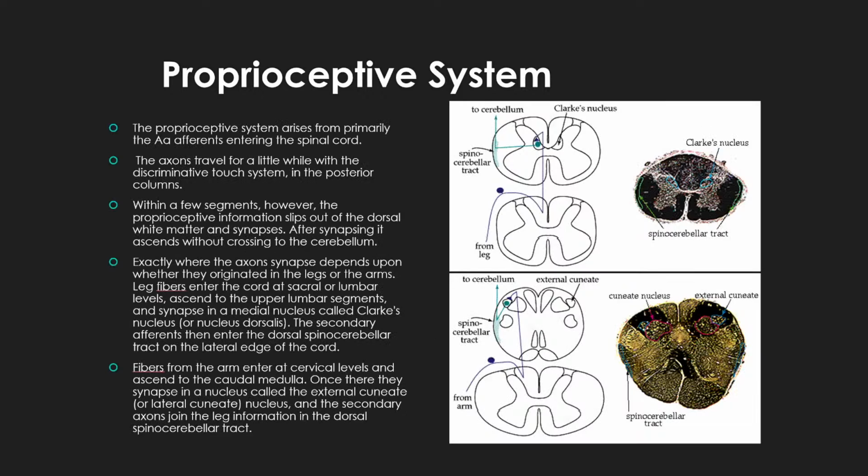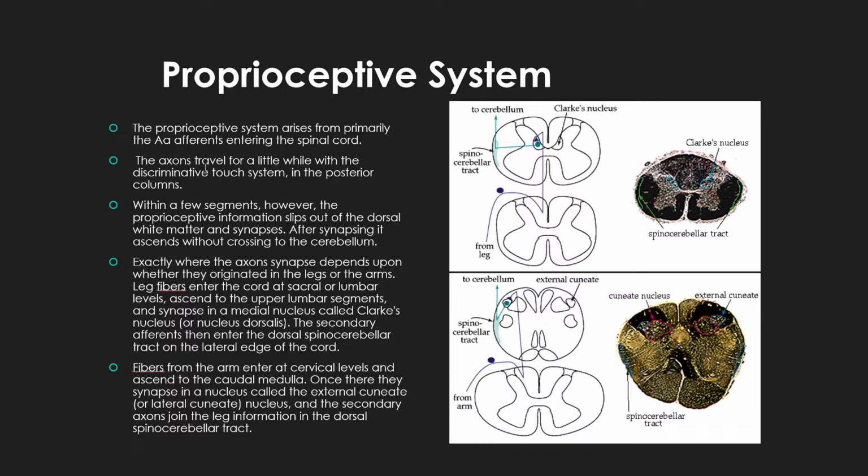An interesting peculiarity in this tract is that it doesn't cross, mainly because it has a lot of interaction with the cerebellum, which is its final endpoint, its final receiver of information, and the cerebellum works on an ipsilateral basis. The proprioceptive system arises from A alpha afferents.